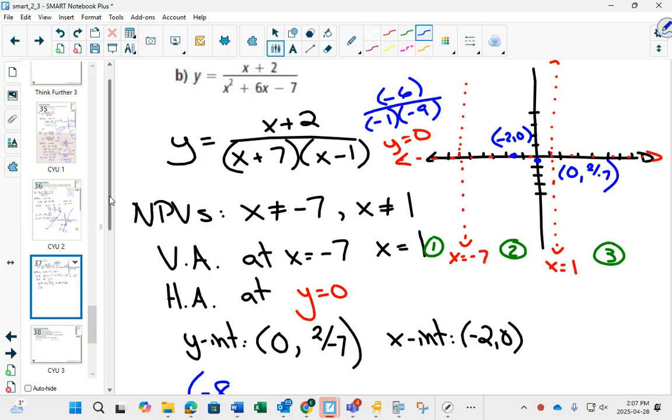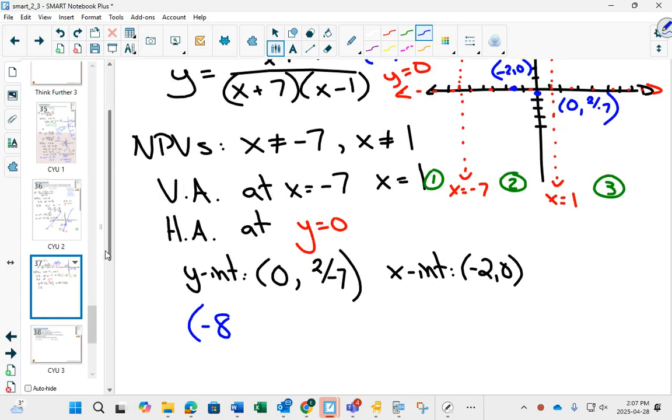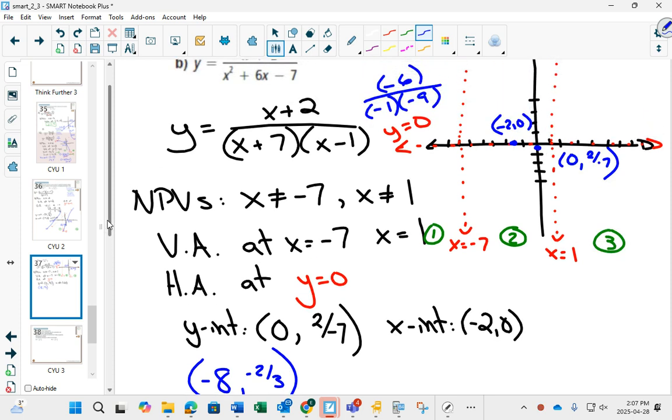The whole thing is going to be -6/9, or I could reduce that to -2/3. Then once you have one point, so I've got this point right here, -8, -2/3, that's enough to draw that section closer and closer to your asymptotes. That's all you needed is one point to draw that section.